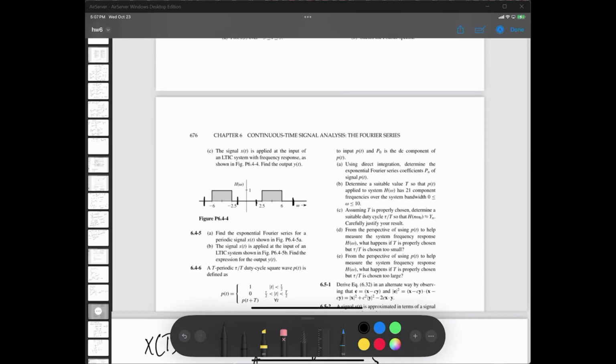So if we pass this signal through, it won't exist at all. Its frequency lies outside the range.